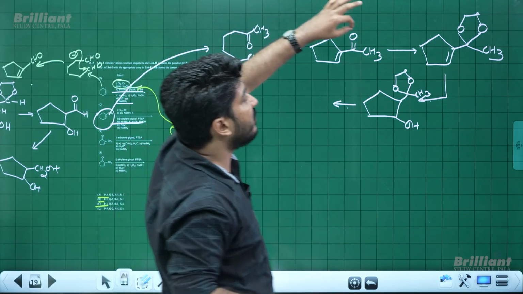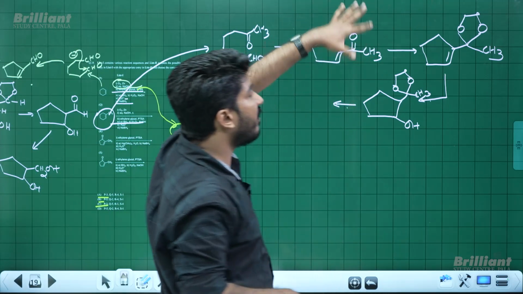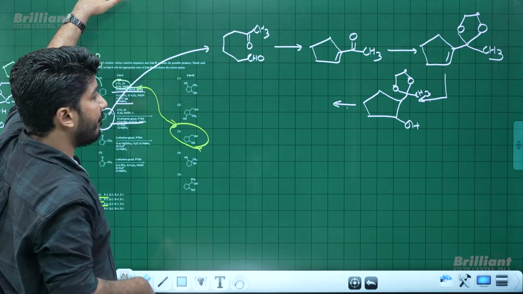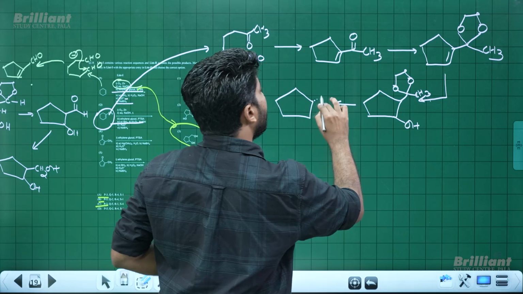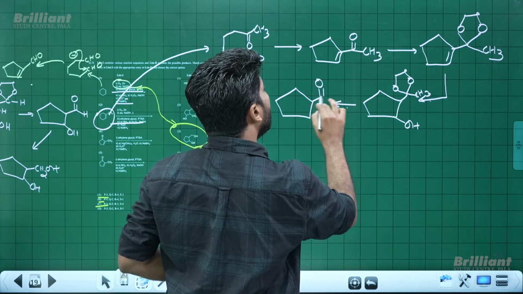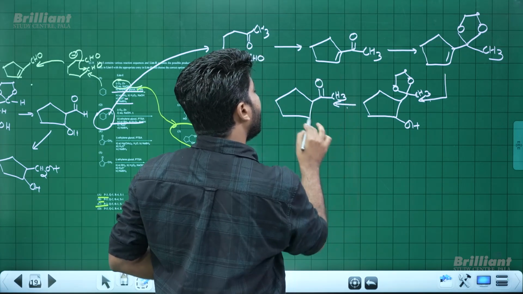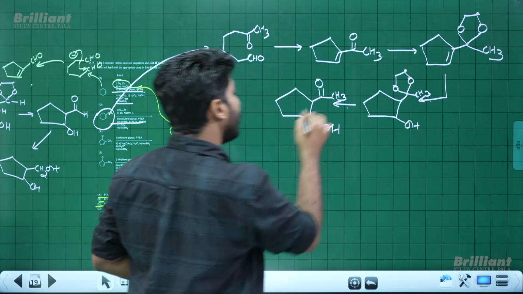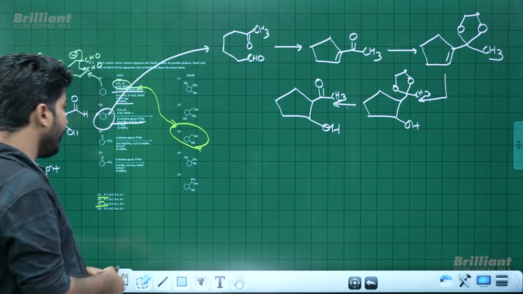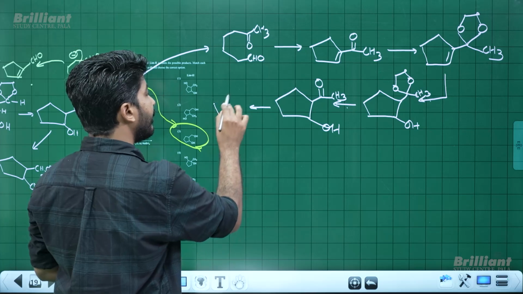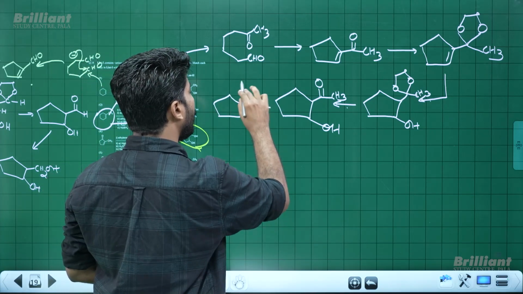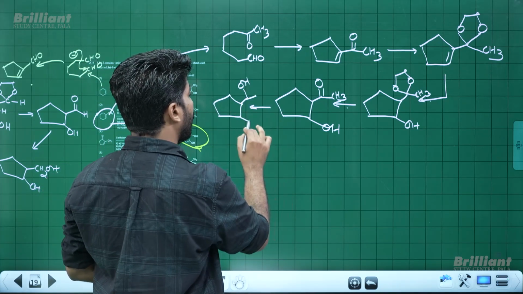This is not an acetal now, this is a ketal. This ketal is converted to ketone like this, and then we are applying sodium borohydride. Sodium borohydride will reduce the ketonic group, and a secondary alcohol is produced.